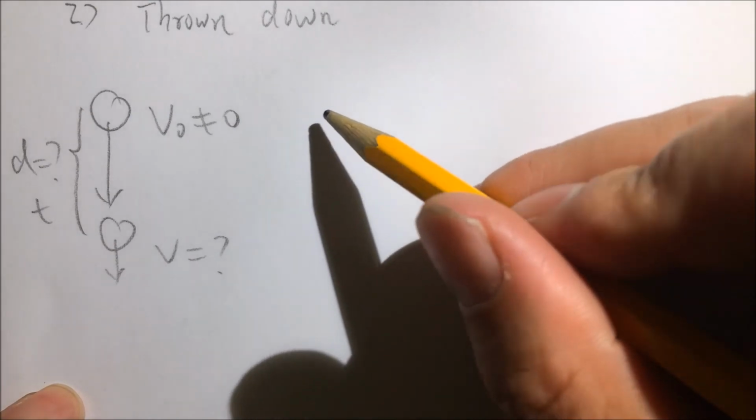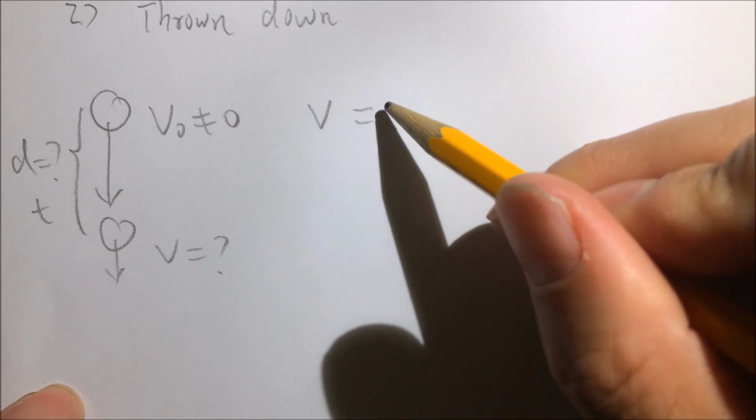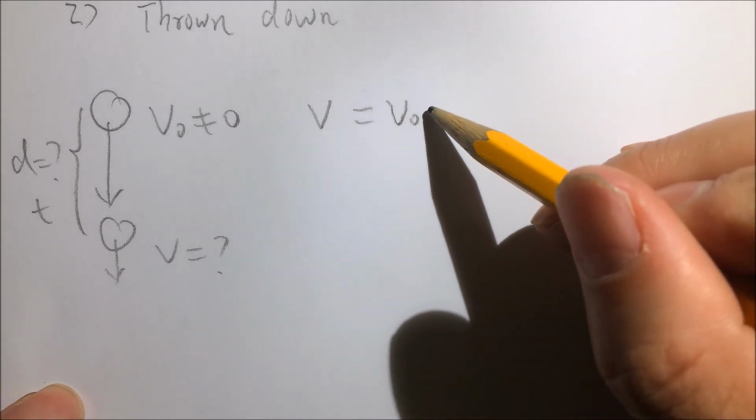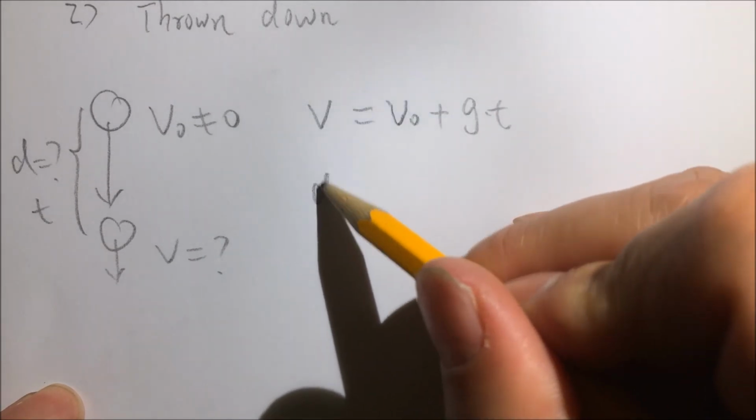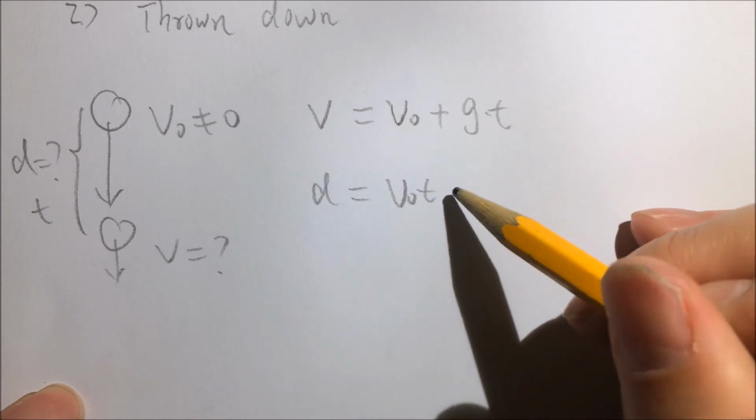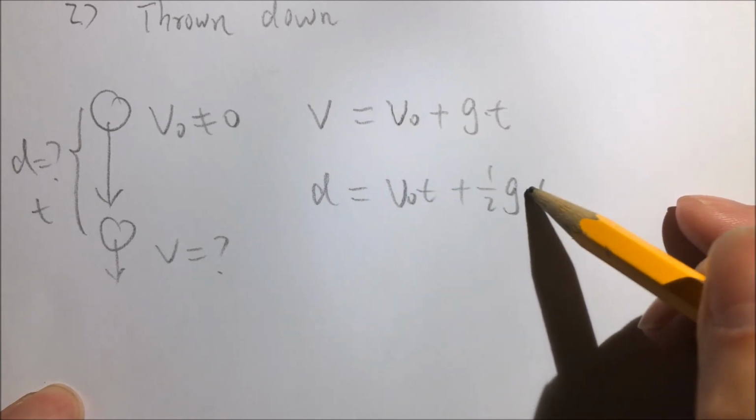In that case, you apply the equation, you have the final velocity equal to v0 plus g times t. And you have the distance equal to v0t plus 1/2 gt squared.